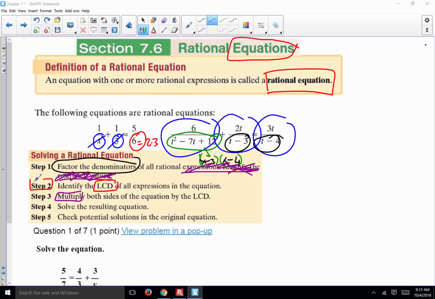Step 2 is the most important part, because if you identify the LCD wrong or incomplete, not sufficient, the whole other steps are going to mess up. You will never get the right answer. Step 3 will fail, 4 fail, 5 fail, okay? So take your time in step 2 to choose the right LCD.